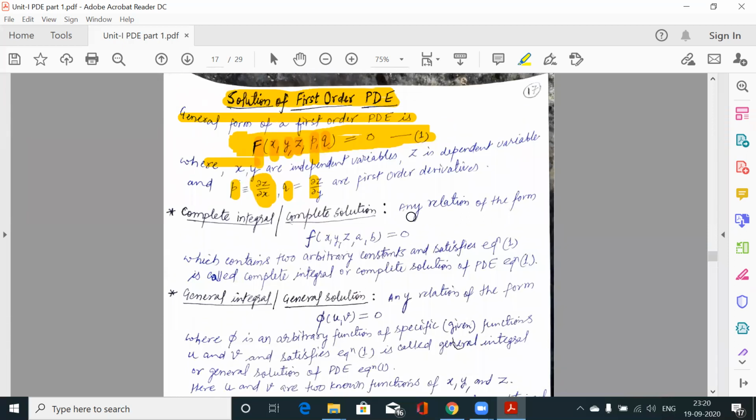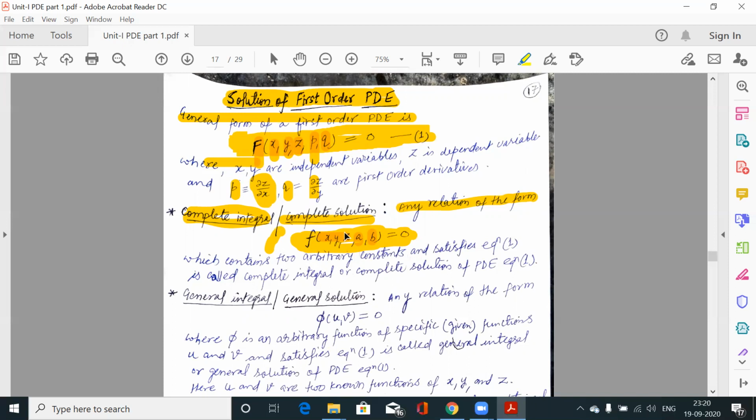The first type of solution is known as the complete solution or complete integral. This is the definition: any relation of the form which contains x, y, z and arbitrary constants a and b, equal to 0, is known as the complete solution of equation 1, the first order PDE.